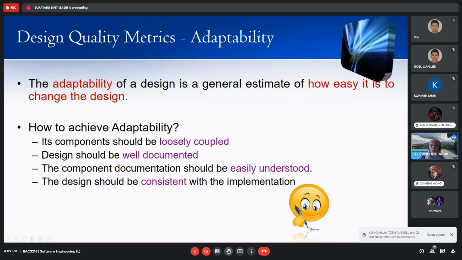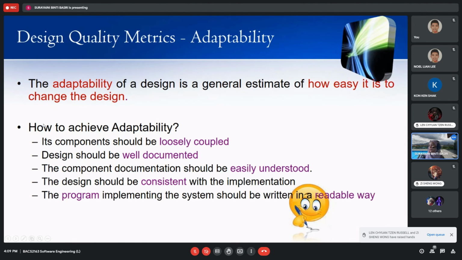So this is what we have discussed previously. In short, for a design to be said to have a good adaptability metric, all of the three metrics just now must be covered. So that is what is explained here.